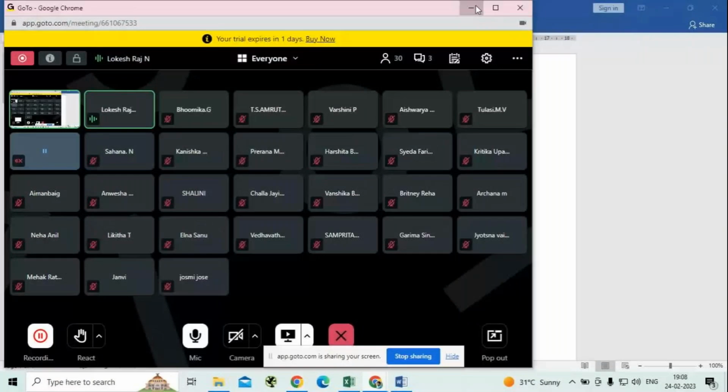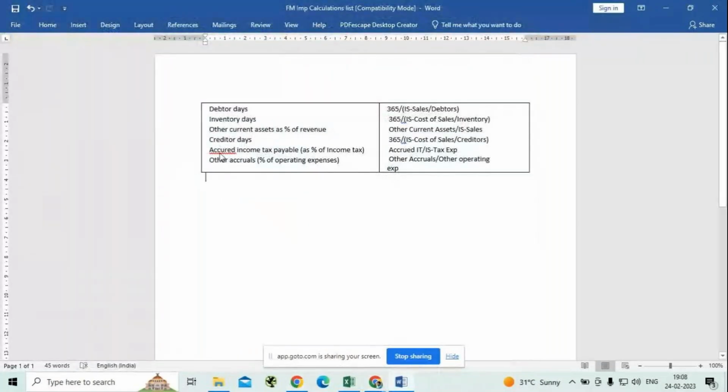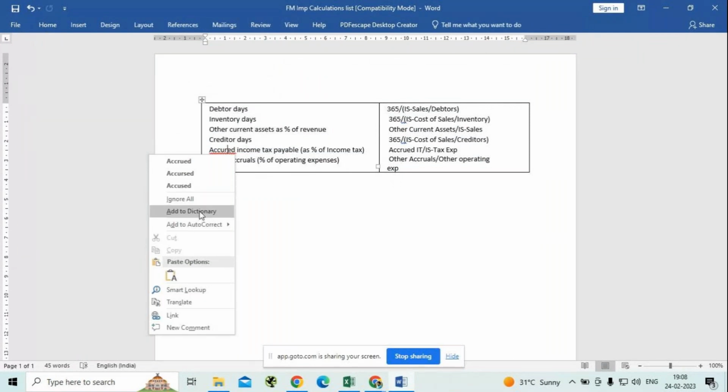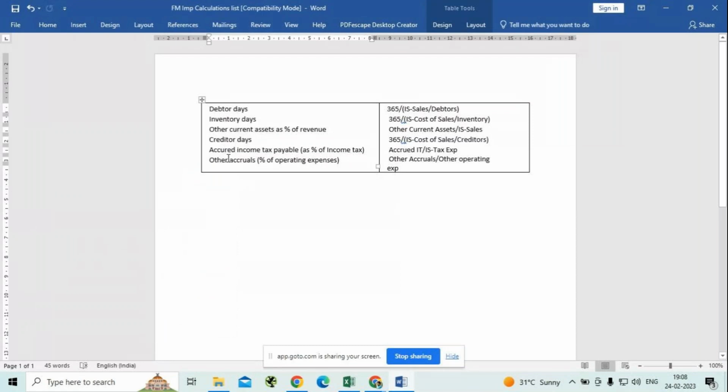Yeah, so now I have prepared it. Here, when you calculate anything related to credit periods, you use formulas where you calculate with debtor days, meaning for how many days you have a credit period.